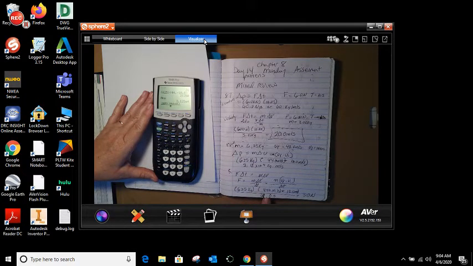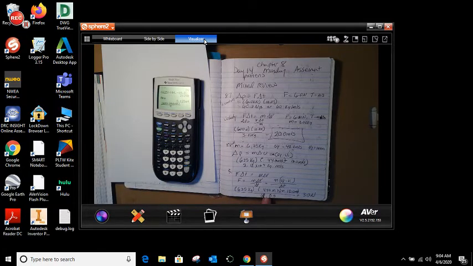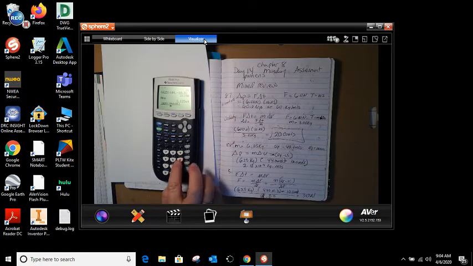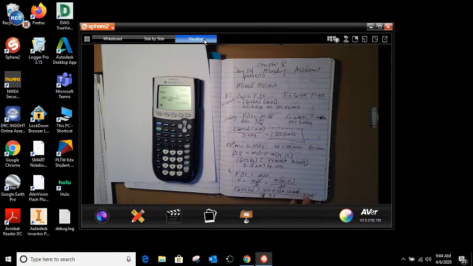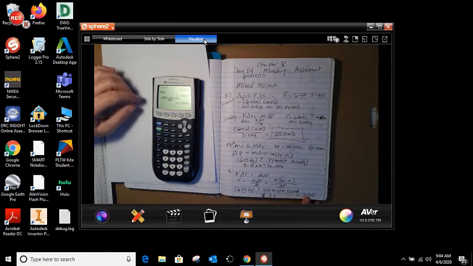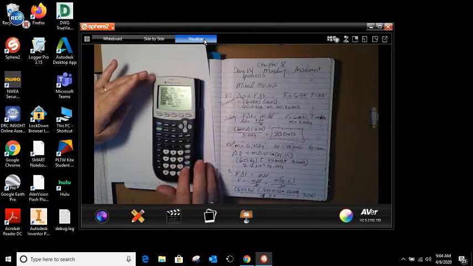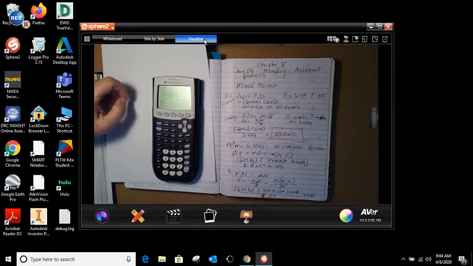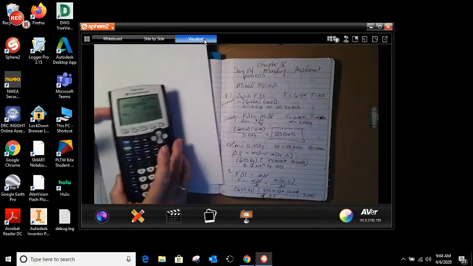And our change in time, looking back at the question, is 68.0 seconds over, enter, and that gives me 3.125 E2, or in normal mode, 312.5, which I moved up to 313.